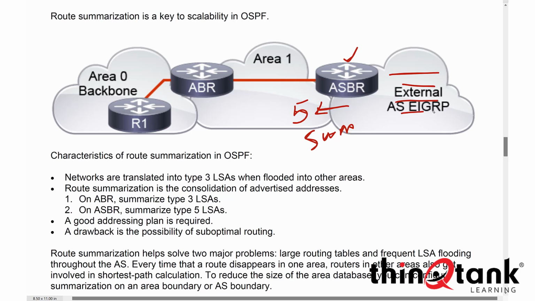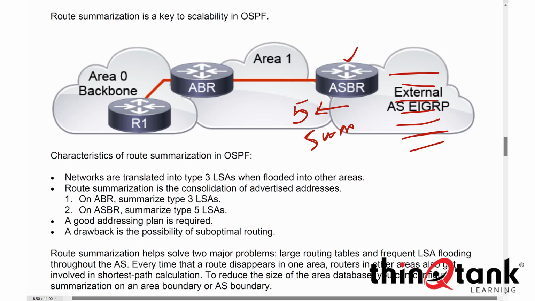So if I have 100 different external routes that exist in that external domain, I can simply summarize them as an individual route, assuming that those external networks are contiguous and there's not going to cause any kind of suboptimal routing selection in my OSPF domain by using an invalid summary.